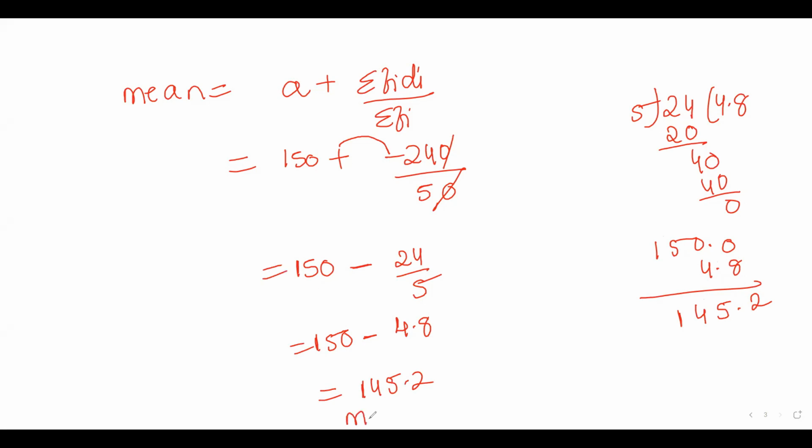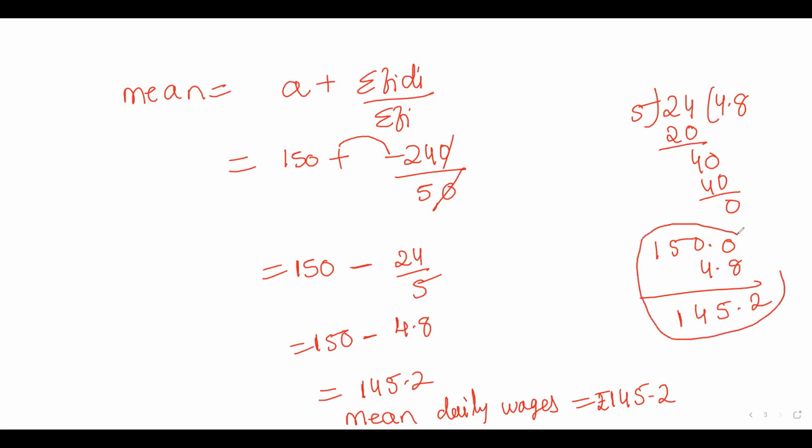Yes, sir. Write: mean daily wages is 145.2 rupees. Whether you do direct method, deviation method or step deviation method, you will always get the same answer, provided all the additions and calculations are perfect.